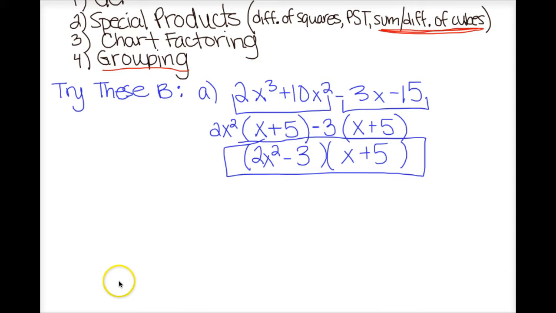It says right in your book, a difference of two squares can be factored by using a specific pattern, and then it reviews that. Then it says a difference of two cubes and a sum of two cubes also have a factoring pattern. And they show you a cubed minus b cubed and what it factors into, which is this.